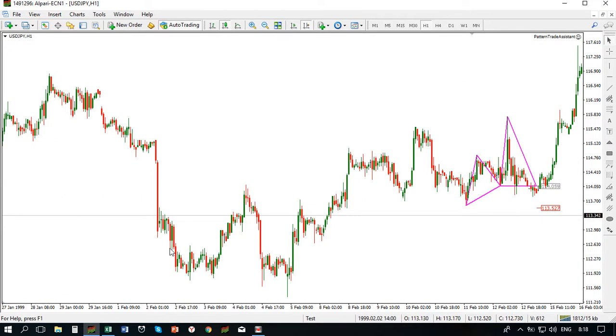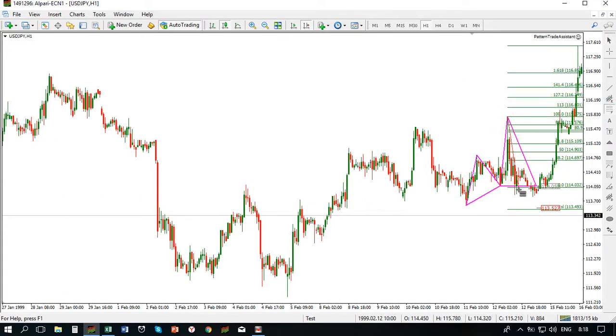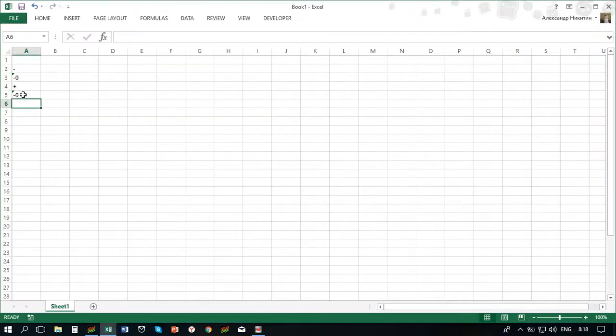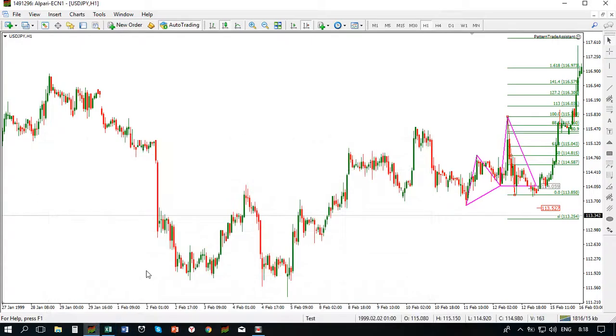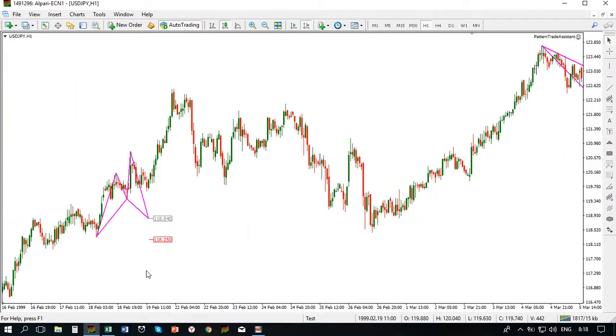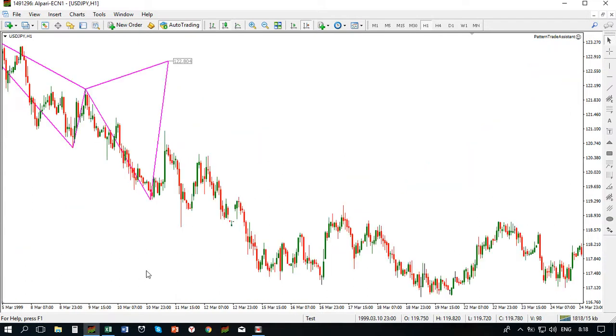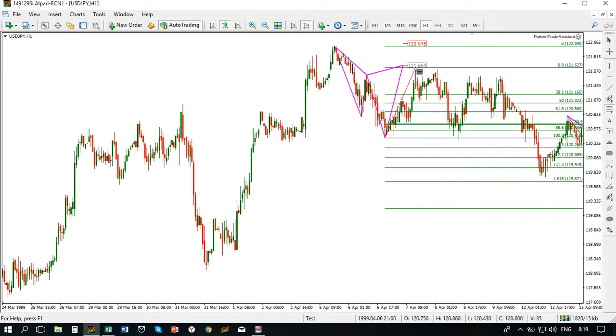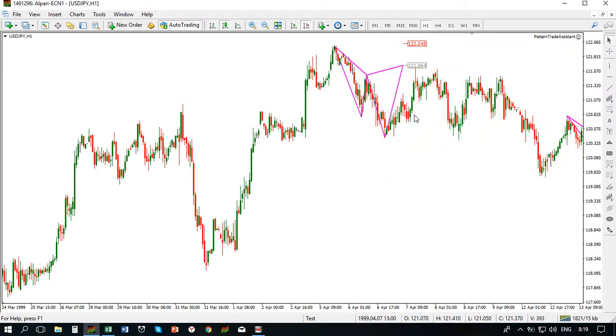Going to the next page, this cipher, this one. Okay, obvious winner. Going next, nothing here, nothing here. Can we hit this entry? No, didn't.